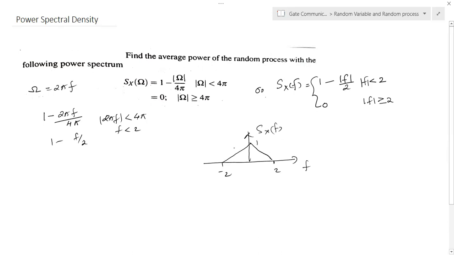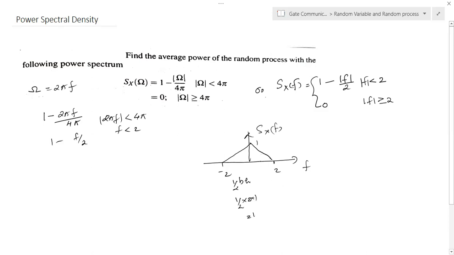Either you can find the area of this particular waveform, that is a triangle here. So you can use the half base into height formula. Half into base 2 and height 1, so we'll get 1. For the other symmetrical portion, again half base into height, you will get 1 here.